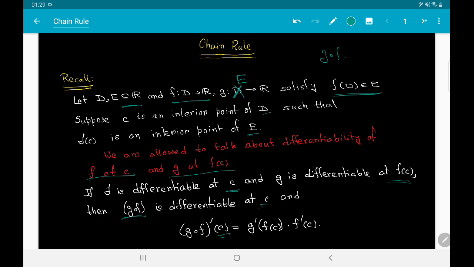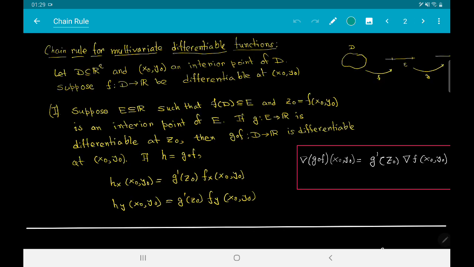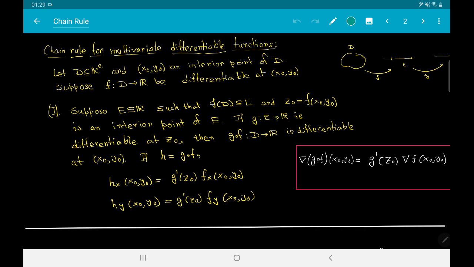Now we are going to see its analog, which is called the chain rule for multivariable differentiable functions. I will tell you about three versions of the chain rule in the case of multivariable functions. But as I have said, during this course we will always restrict our attention to functions of two variables.